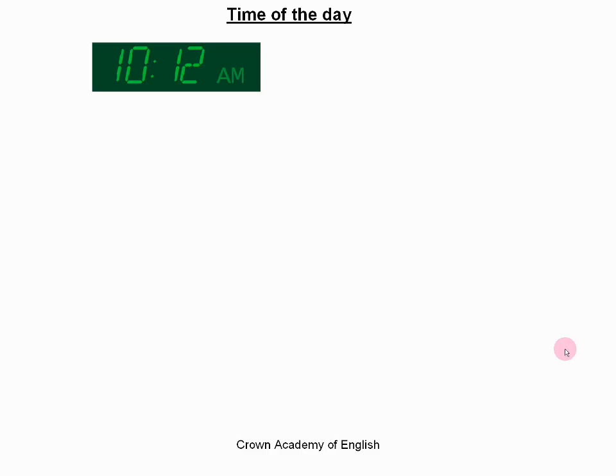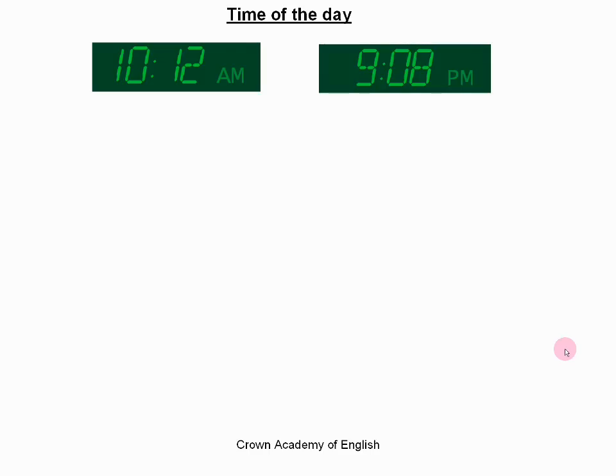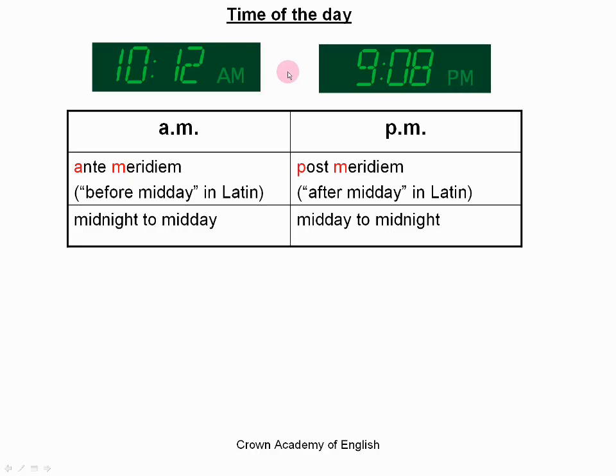And sometimes also we see the letters AM and PM. So here is an explanation. Well, AM stands for ante meridiem, which is in fact Latin, and it means before midday.